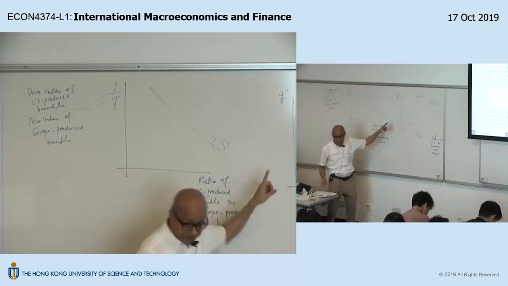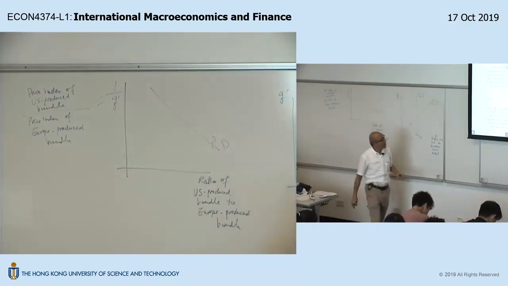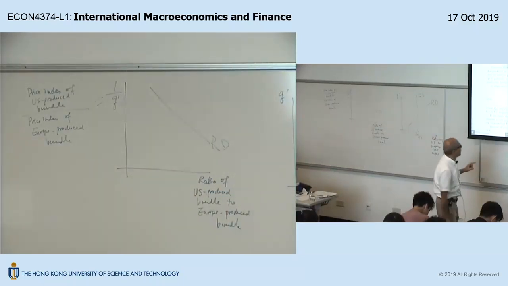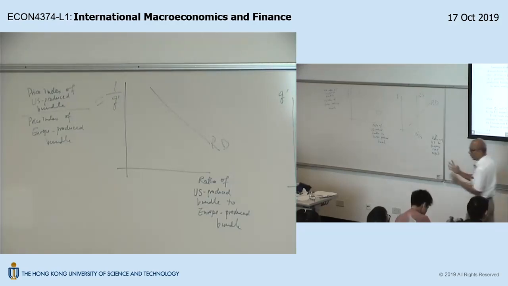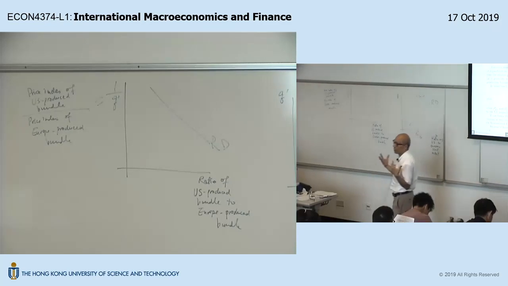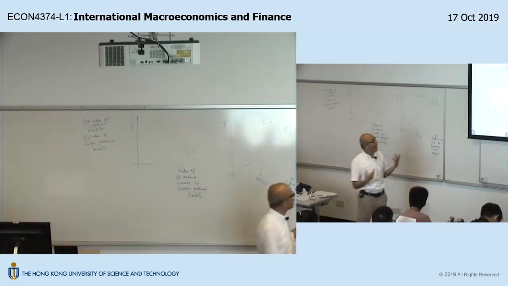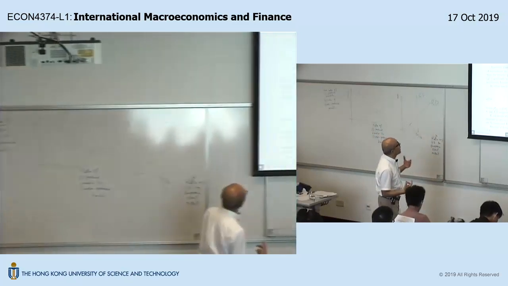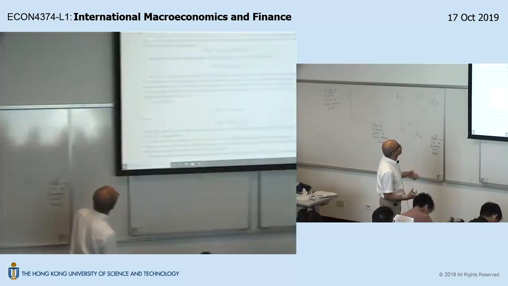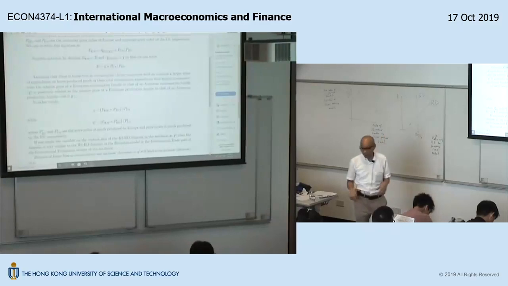Does it make sense now? Now, one more step is there's home bias in consumption. We have to assume that there is home bias in consumption, which is actually quite true in reality. What do we mean by home bias in consumption? Americans would tend to consume a larger share of home-produced goods in their total consumption expenditure.